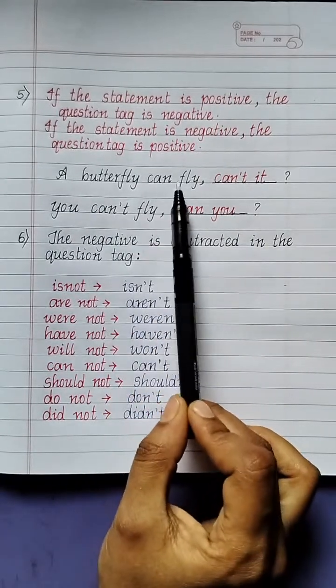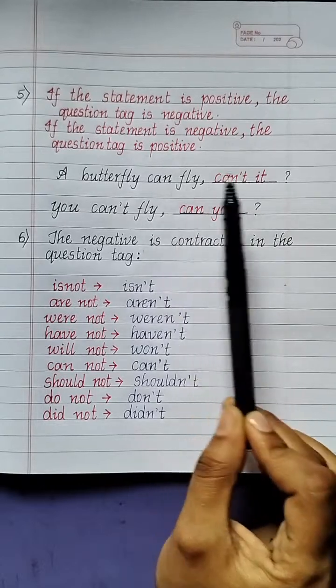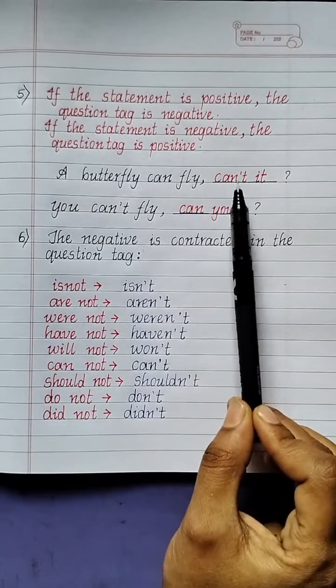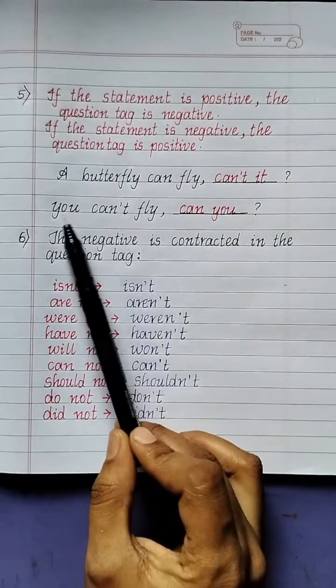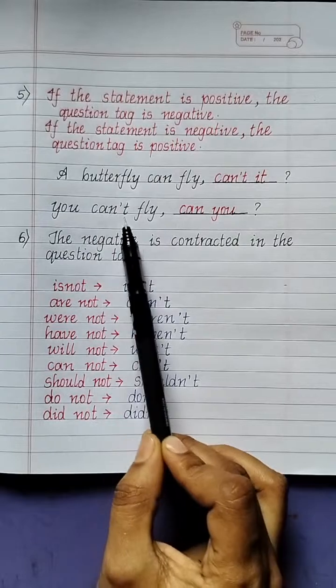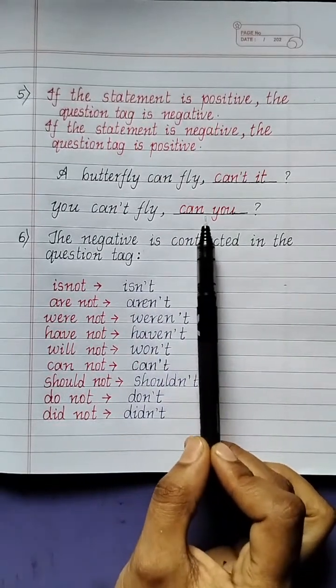A butterfly can fly. Can is positive here, that's why the tag is formed as negative. Similarly, you can't fly. Here the statement is negative, so the tag is formed positive.